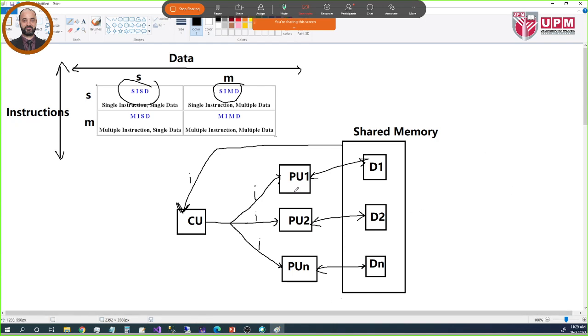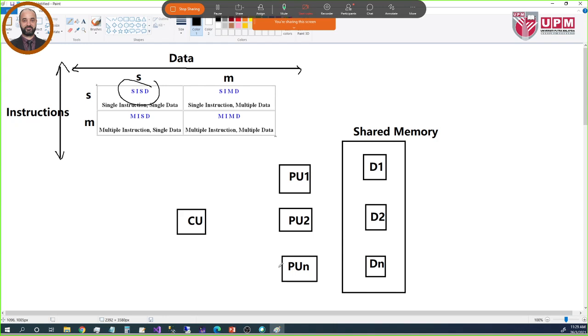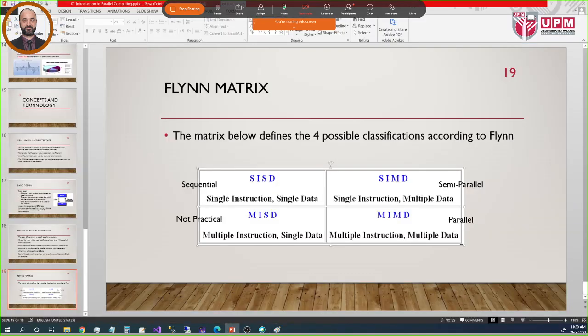Okay, so this is the case of the SIMD. Let us delete some lines from here to use the same drawing. What about the type of this SIMD? If you can see here, I put some hints. SIMD is semi-parallel.